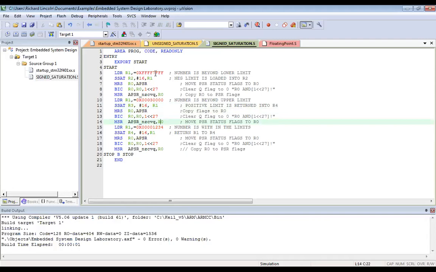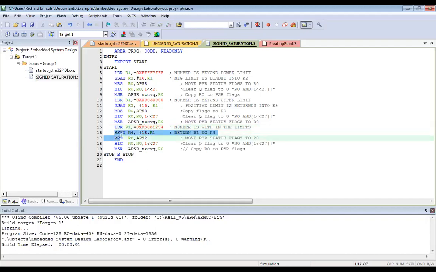One we are going to take beyond the lower limit, which means an extreme negative value, and one beyond the upper limit, which means an extremely high positive value, and one within the limit, which lies between the upper and lower limits. And we will see if the same value is transferred or not.